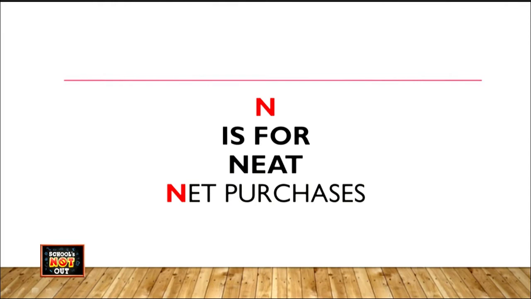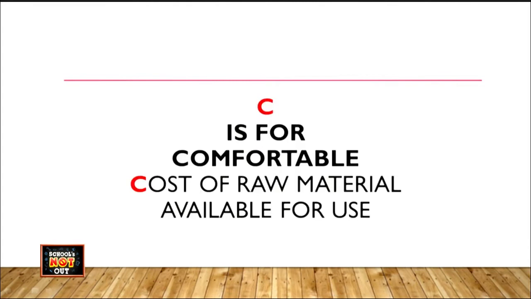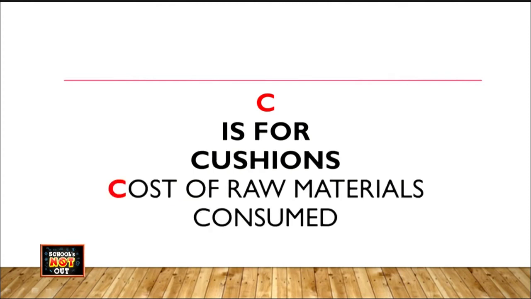N is for neat, which stands for net purchases. C is for comfortable, which stands for cost of raw material available for use. Then we have another C, which stands for cozy, which is for closing stock. Then we have yet another C, which is for cushions, and this represents our cost of raw material consumed.